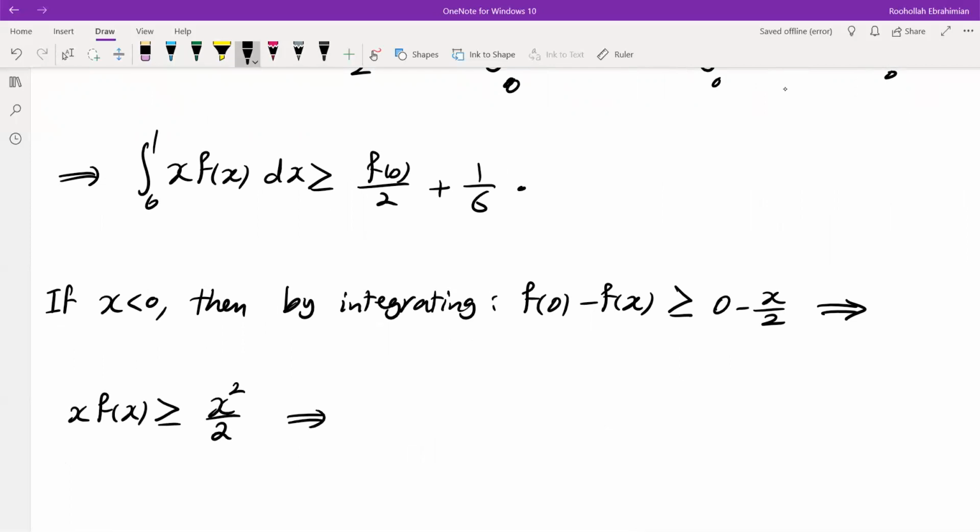Then we'll integrate both sides of this from negative 1 to 0.